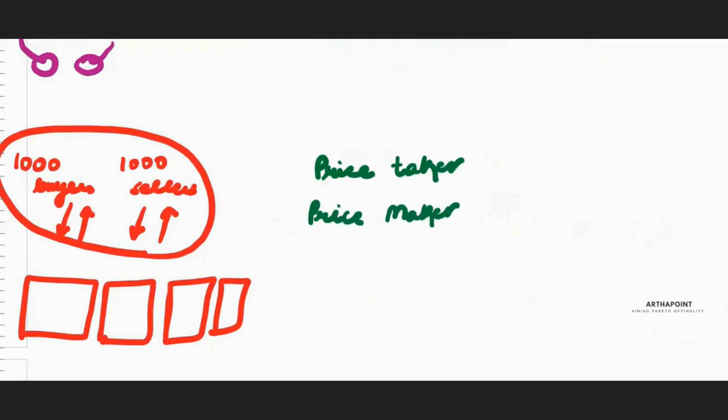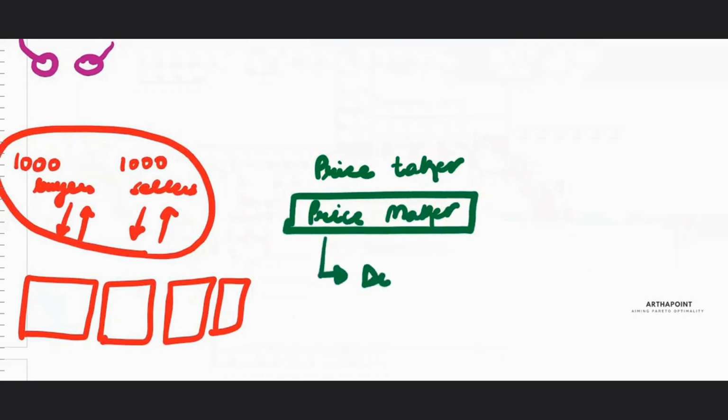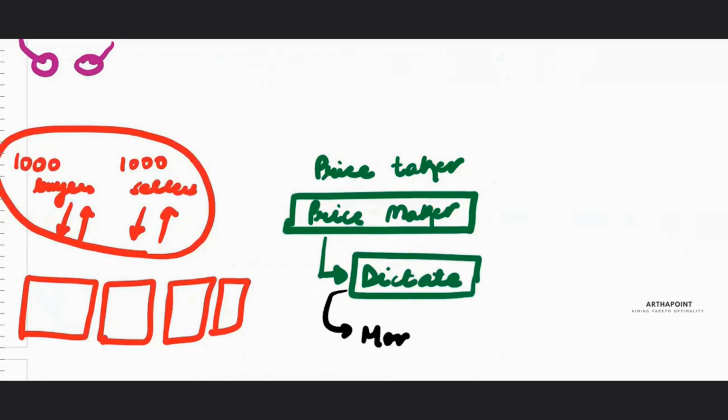A price maker is when people don't take the price as given. In fact, they dictate what price will be honored in the market. This takes place in case of a monopoly. A monopoly is always a price maker. A monopoly will always tell what price will exist in the market.